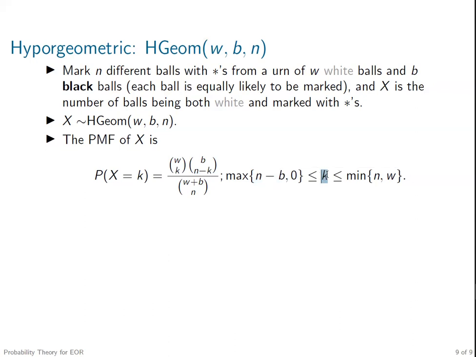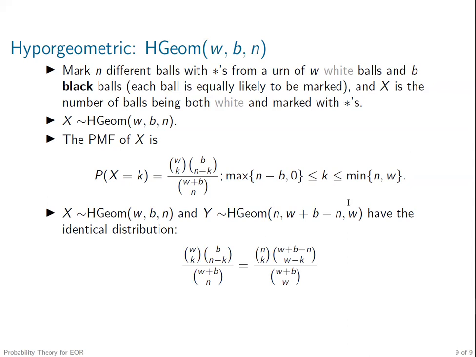Of course, because at most we're going to mark N balls, K has to be smaller than or equal to N. And because X denotes the number of balls being both white and marked with stars, the possible numbers taken by X also have to be smaller than or equal to W. So this is the range of the support of X. Okay.